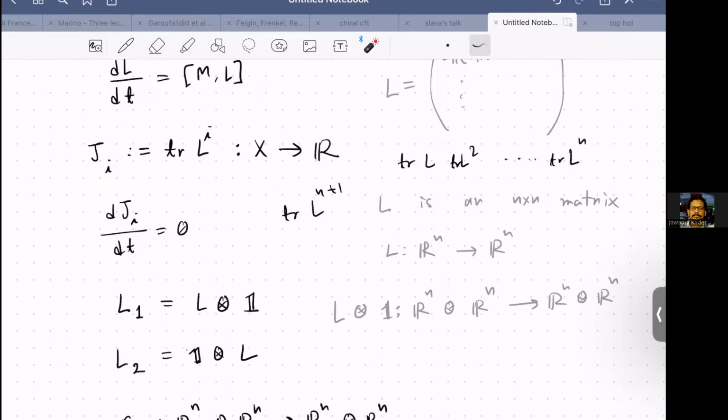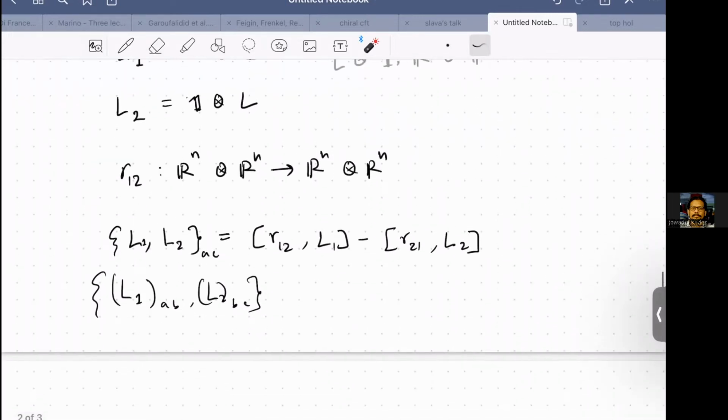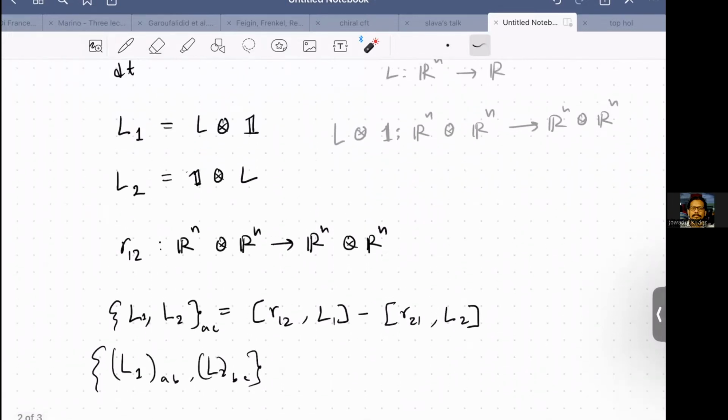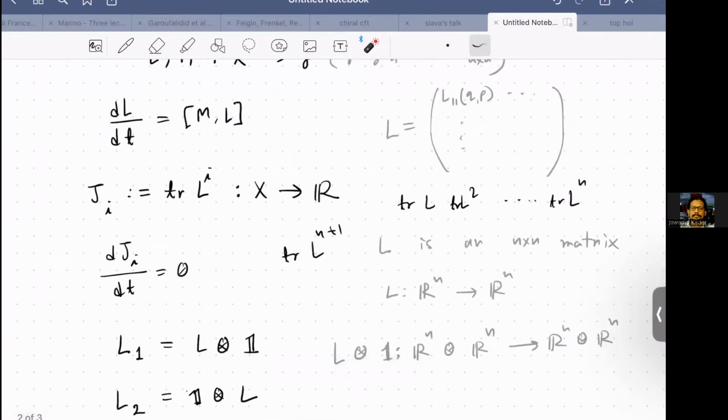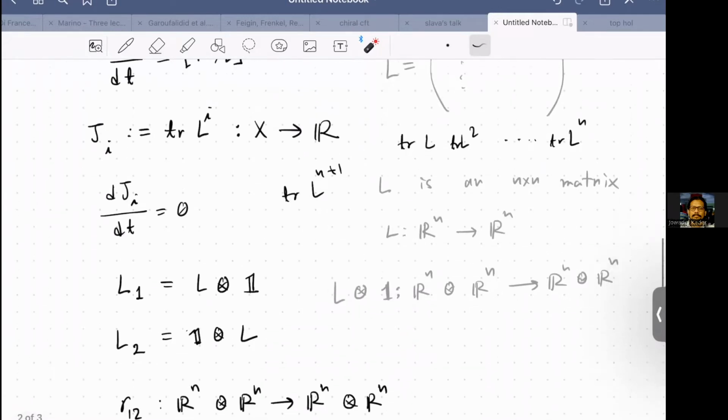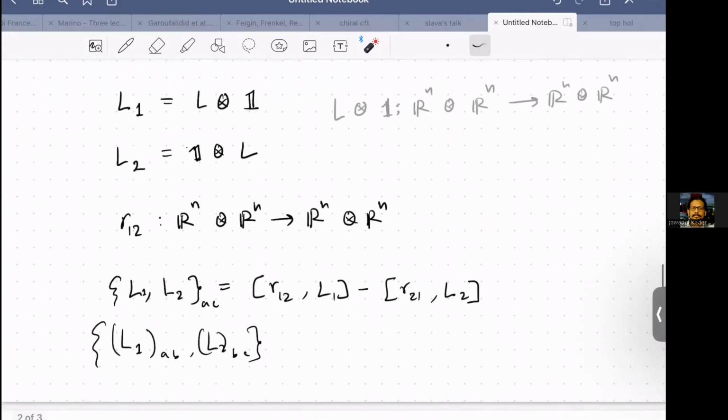I see. Another question is, you have these two matrices L and M. Then why do we need these L1 and L2? Why have you decomposed the system into L cross identity and identity cross L? That's simply to be able to write down this equation, because R is a matrix that acts non-trivially on two factors of Rn.